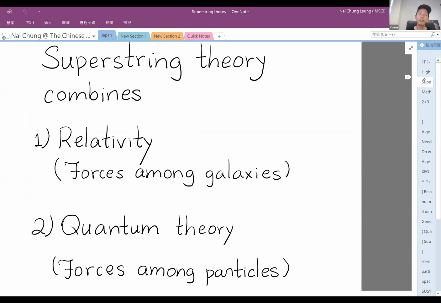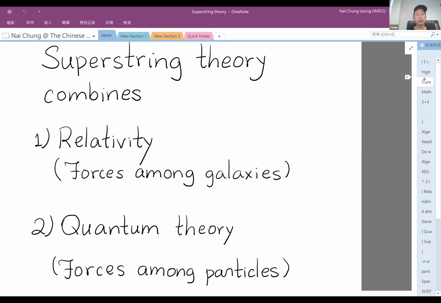From the physics perspective, the high energy physics involved is called superstring theory. It is a theory which aims to combine two breakthroughs of 20th century modern physics. One is Einstein's theory of relativity, which describes the large scale, the galaxies and the forces between galaxies.